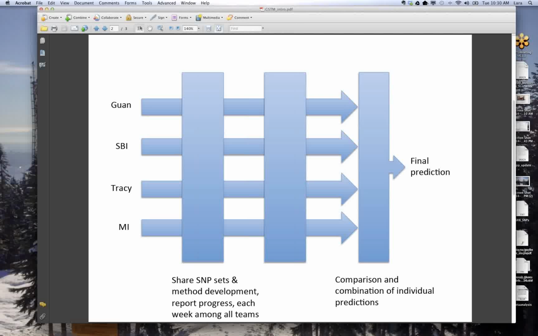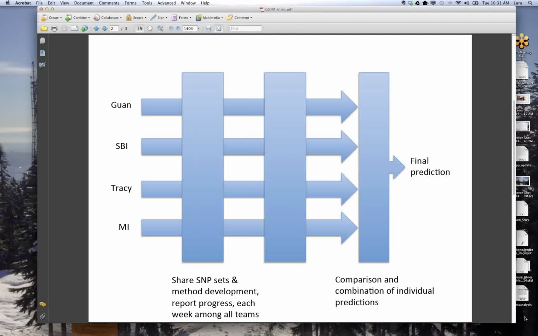But every week we will share the SNP sets and new improvements to the method, and report the progress and new results among all the teams. Also, if one team is interested in SNP sets from another team, or in modifying or understanding the method of another team, they can contact them individually.